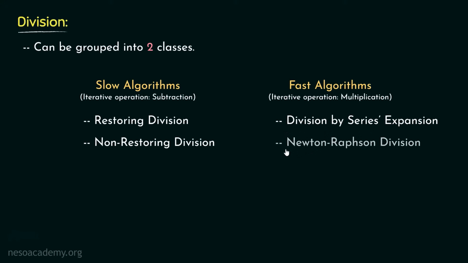Apart from this, we have the Newton-Raphson division as well. Now these algorithms are not really a part of COA, rather these are to be taught in the subject numerical analysis. Now coming to the course of COA, we are supposed to observe these two algorithms, which are slow algorithms, that is the restoring division and the non-restoring division.